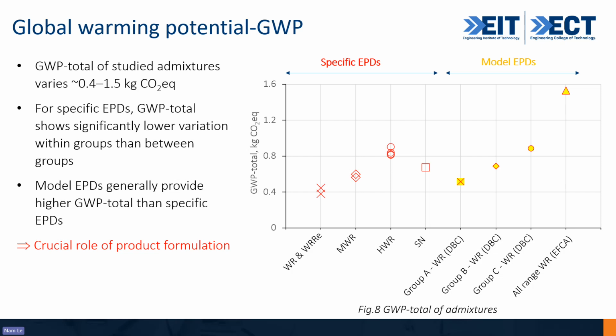But it doesn't mean that we should not use the high range one, right? Because when we use the high range one, we can use lower doses, and it's not necessarily a higher environmental impact for the concrete. But for the product itself, it can have a higher one, right?